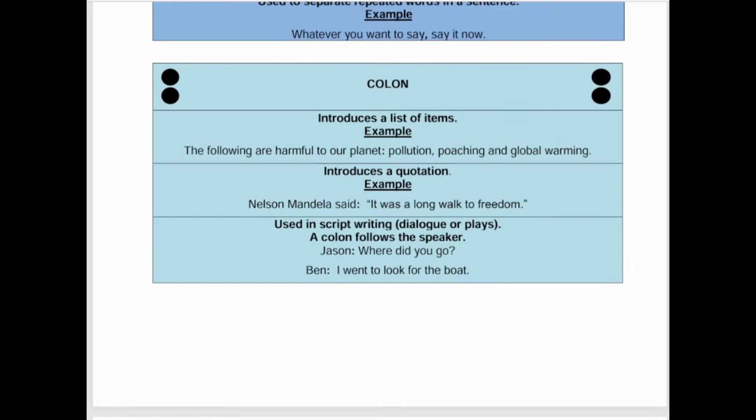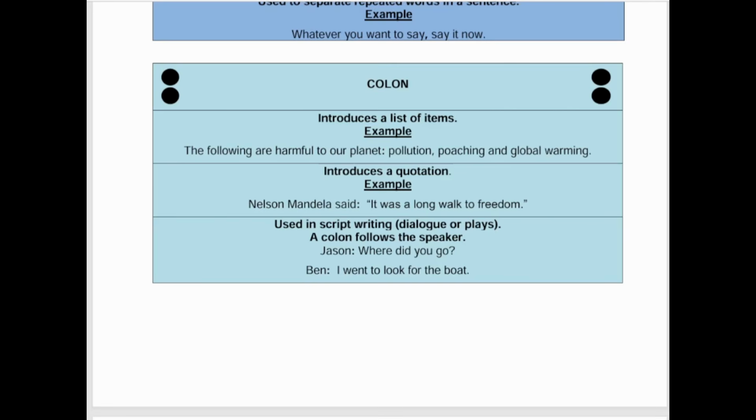Another punctuation mark is the colon. You can see the colon. A colon is just two full stops. The first use of a colon is to introduce a list of items. If you want to introduce a certain list of items, you are supposed to place a colon.